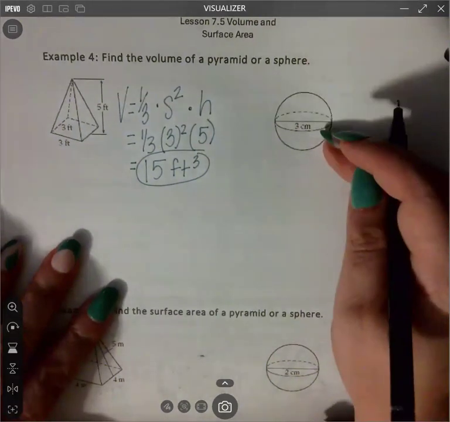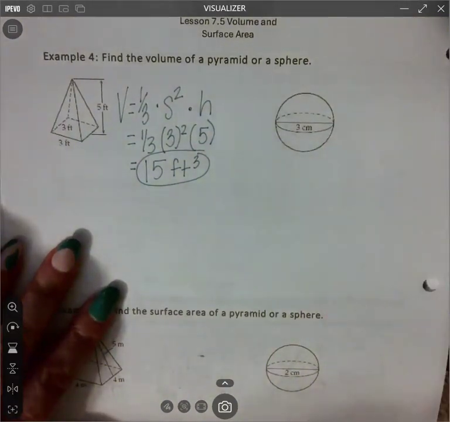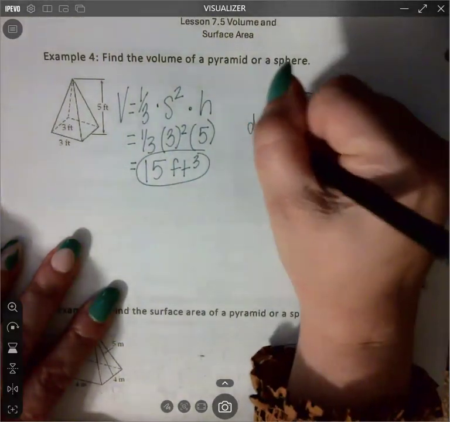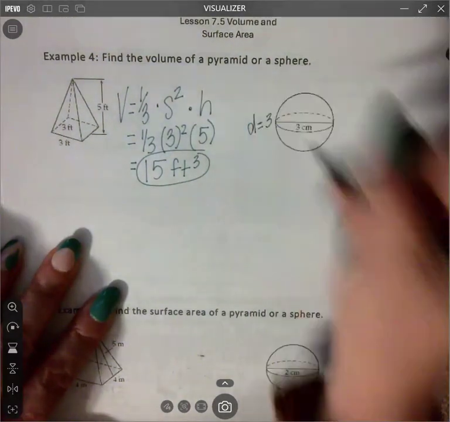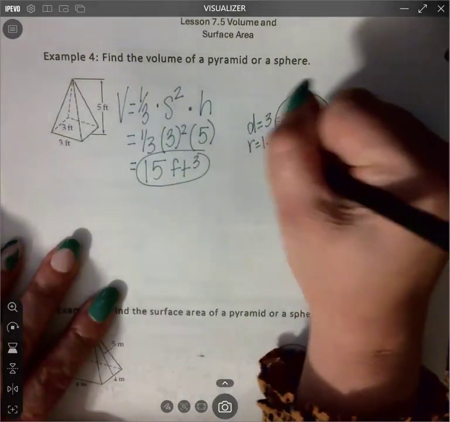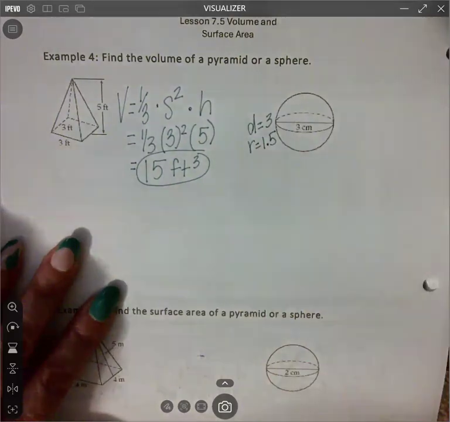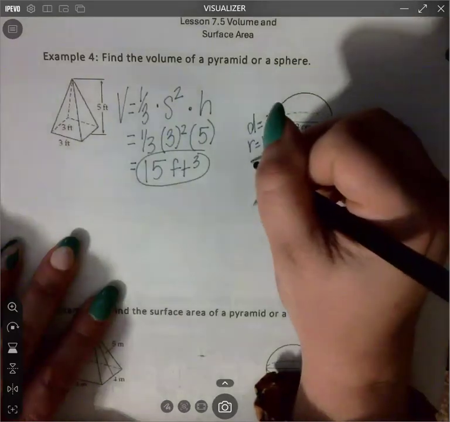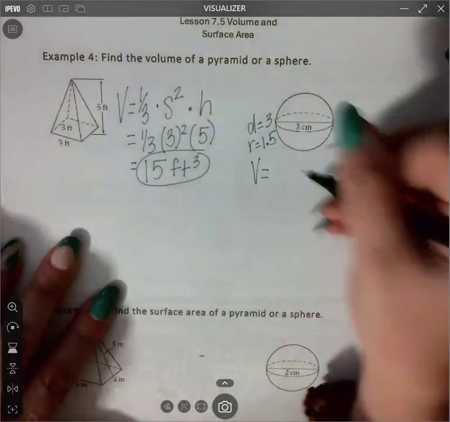With a sphere, hopefully you recognize that there's a circle in the center. And in this picture, our diameter is 3 centimeters, which makes our radius 1.5. We always want to pay attention to if we're given the radius or the diameter in anything involving a circle.